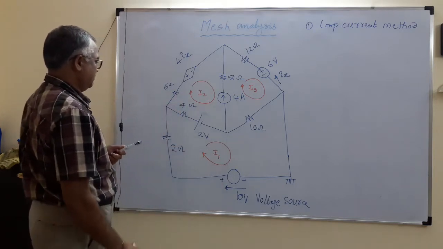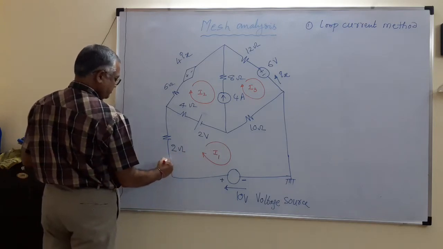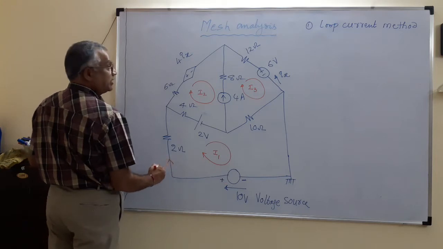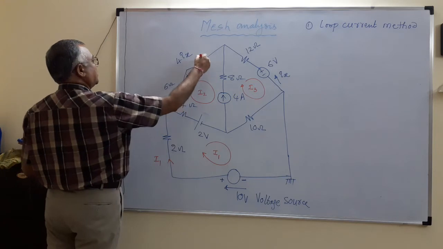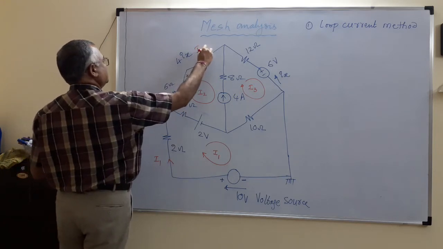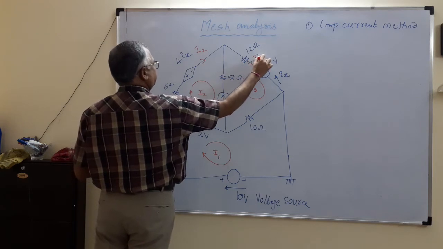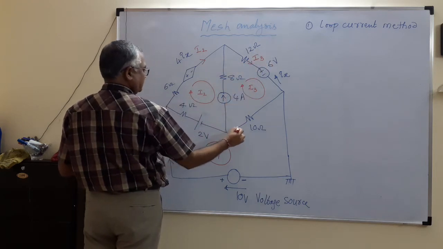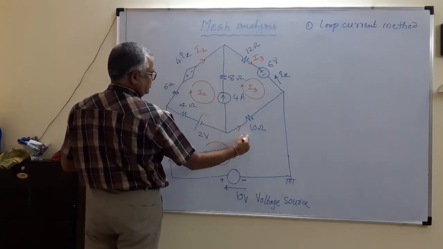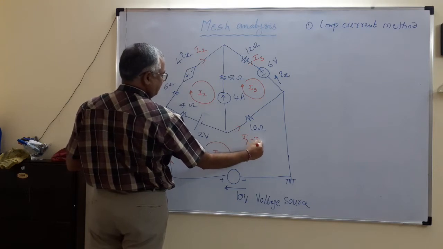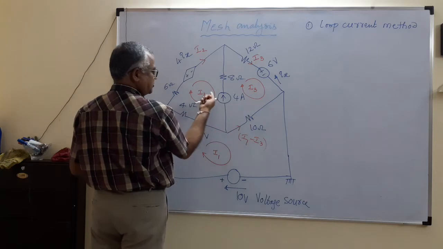Then second step, from the loop current find out the branch current. So current in this branch is I1. Current in this branch, I2. In this, I3. Whereas this is common to this and this. So I1 minus I3 will flow here. This is I1 direction, this is I3 direction.